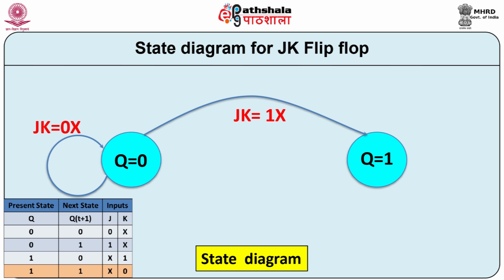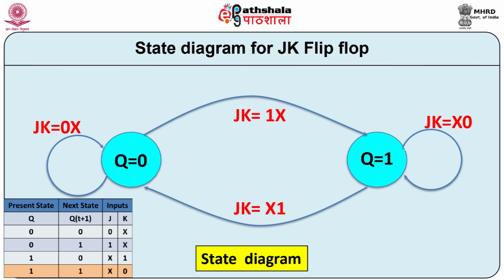But if JK inputs are 1x, then flip flop makes 0 to 1 state transition. Similarly, when flip flop is in set state and JK inputs are x 0, then flip flop remains in the same state. But if JK inputs are x 1, then flip flop makes 1 to 0 state transition.